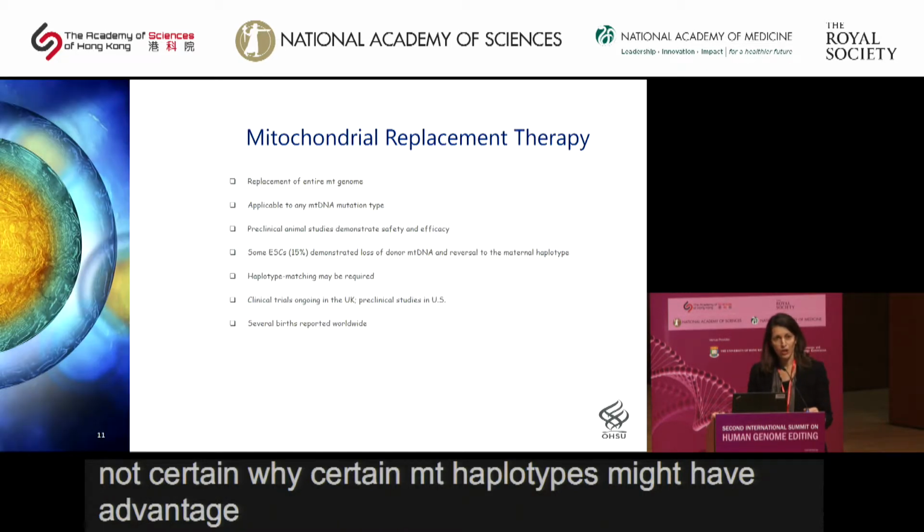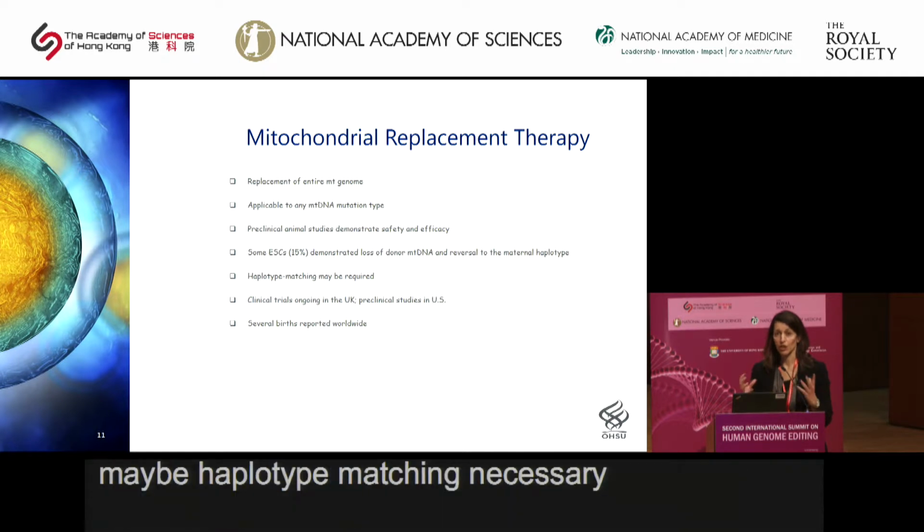So to summarize this part of the talk, mitochondrial replacement therapy is applicable to any mitochondrial gene mutation because you're essentially replacing the entire mitochondrial genome. We have now evidence from preclinical studies in animals and in vitro in humans that it appears to be safe and effective. We do have this reversion phenomenon that we've observed that's important.